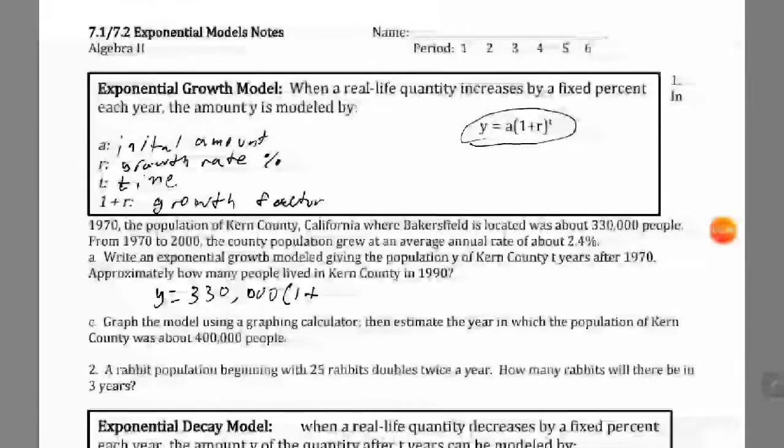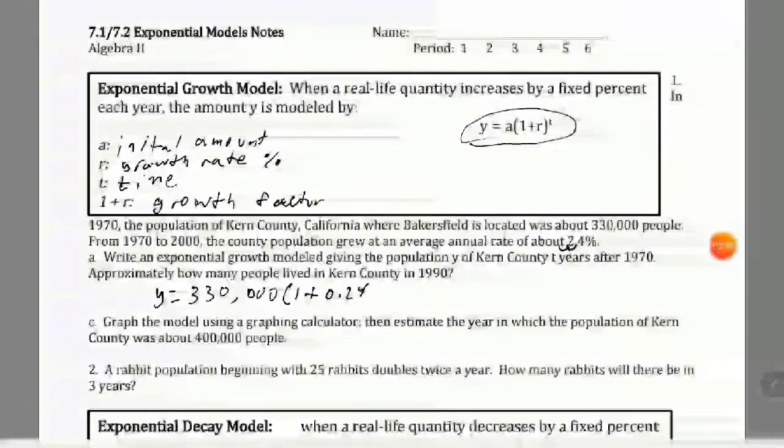We make it into a decimal by moving 2 decimal places to the left. So this is 0.024. And then to the t power. That's our equation.